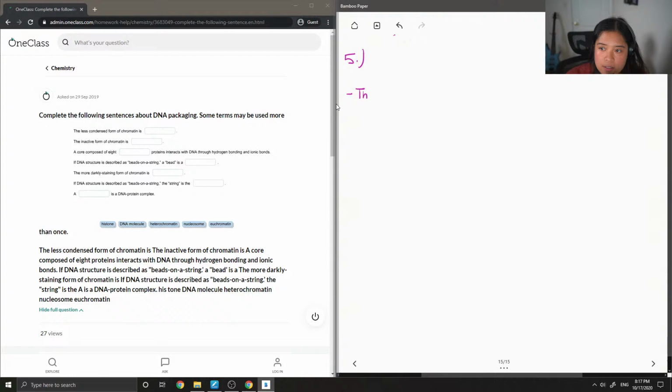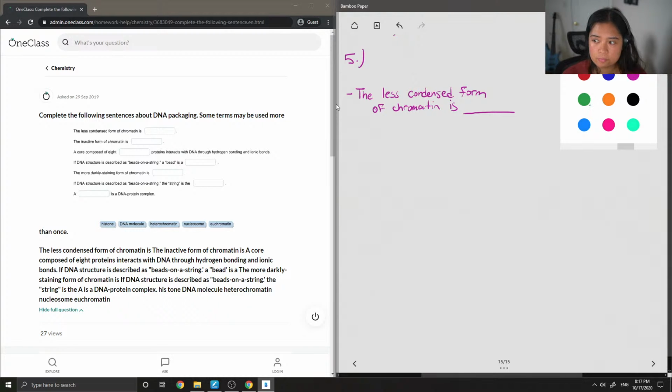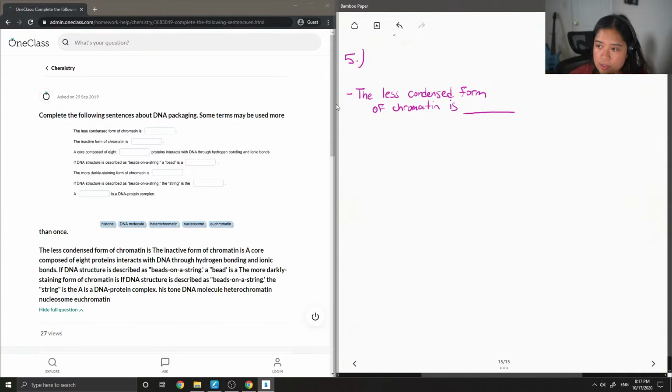So the less condensed form of chromatin is blank. Okay, so this is euchromatin.